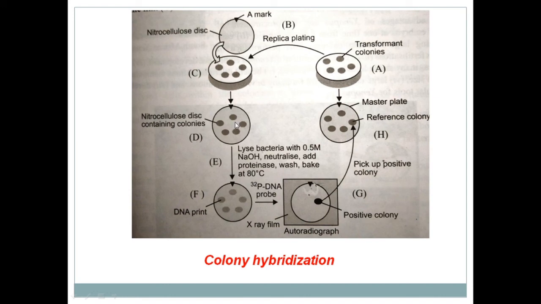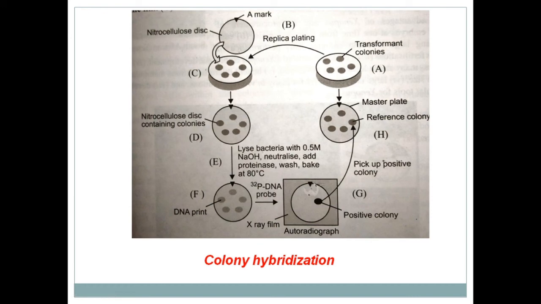Now on the nitrocellulose disc, we will treat the disc with 0.5 molar NaOH, that is sodium hydroxide, neutralize it and add proteinase to it, wash it, and bake it at 80 degrees centigrade. All these steps are required for breaking the colonies or lysing the bacterial cells.